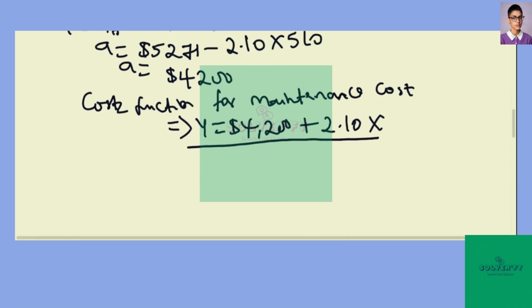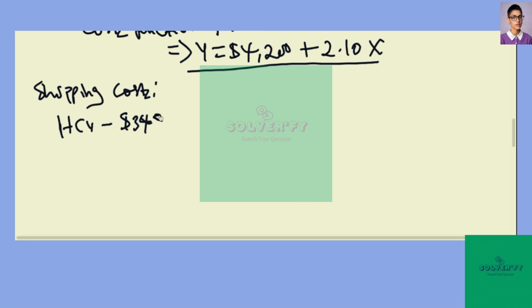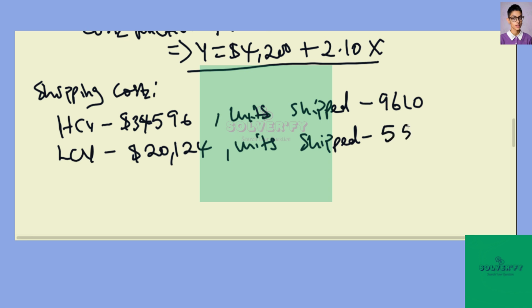So now we're going to calculate the slope coefficient B for the shipping cost. So for the shipping cost, the highest cost value is 34,596, and the units shipped is 9,610 units, and the lowest cost value is 20,124, and the units shipped is 5,590.